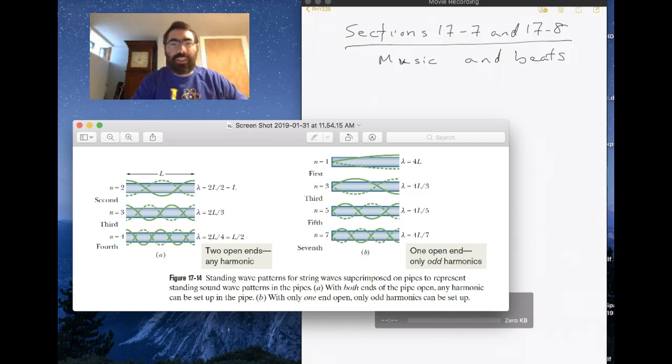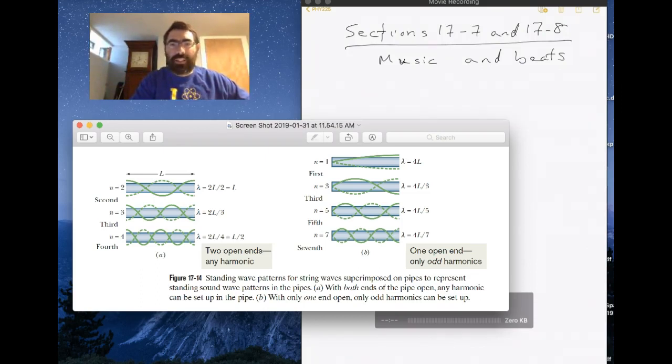And so with the pipe with two open ends, if you trace it out, you would get basically 2 wavelengths, or 3 wavelengths, or 4 wavelengths. And with the pipe that has one closed end and one open end, you would get half a wavelength, or 3 halves of wavelengths, or 4 halves of wavelengths.